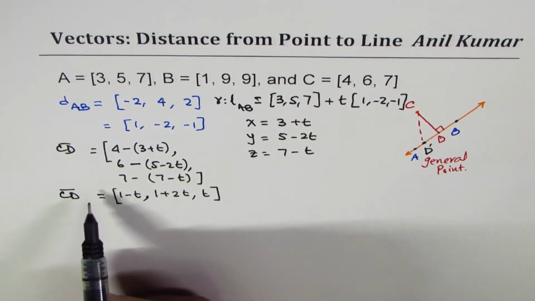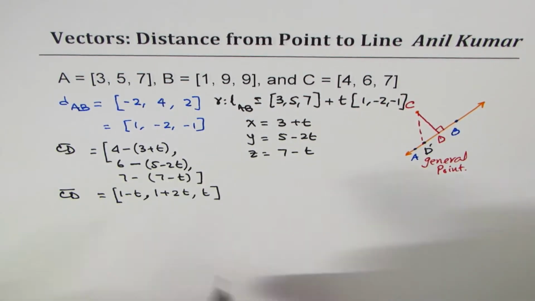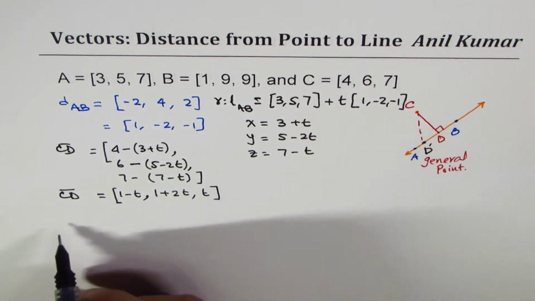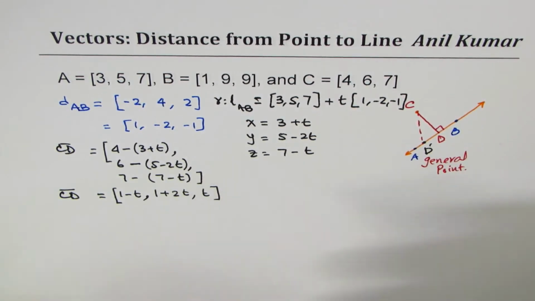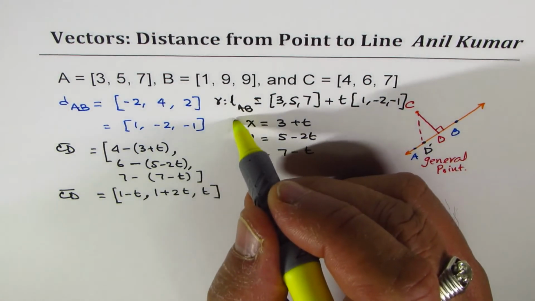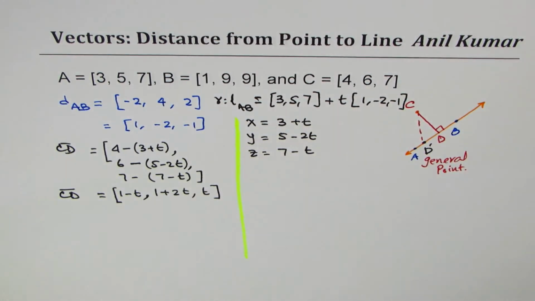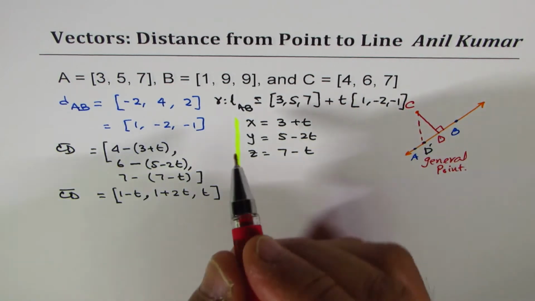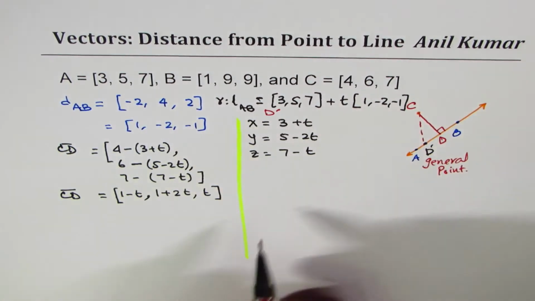Now if CD has to be perpendicular to AB, let's write down here. I'm actually dividing the page in two portions to explain the whole concept. So here we found the coordinates of point D dash, right?